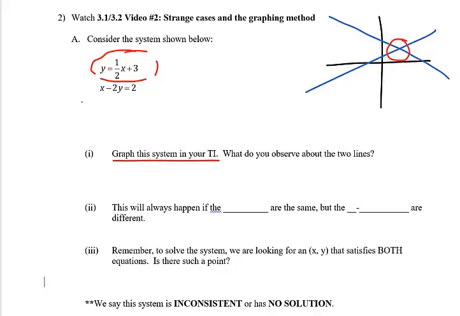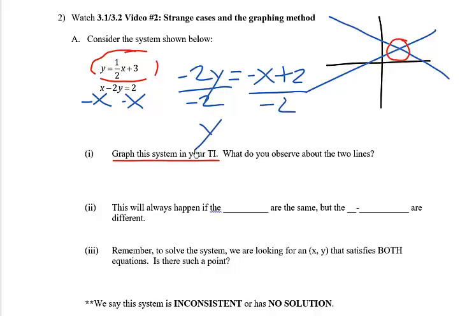We just need to get that y by itself. So it looks like I'll start by subtracting x from both sides. That's going to give me negative 2y equals negative x plus 2. And then divide both sides by negative 2.